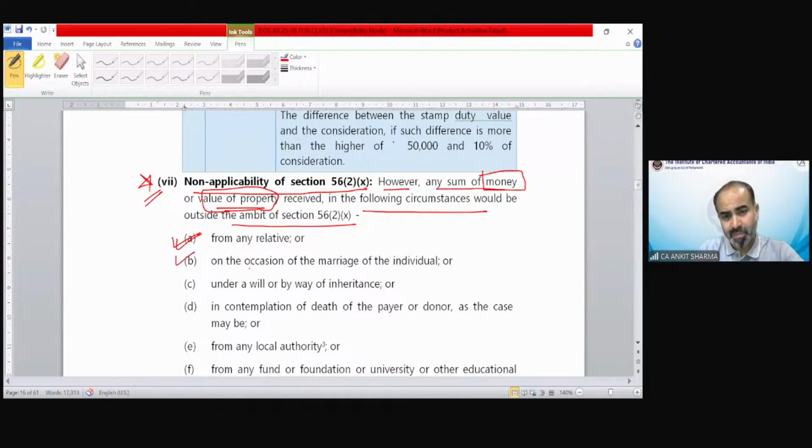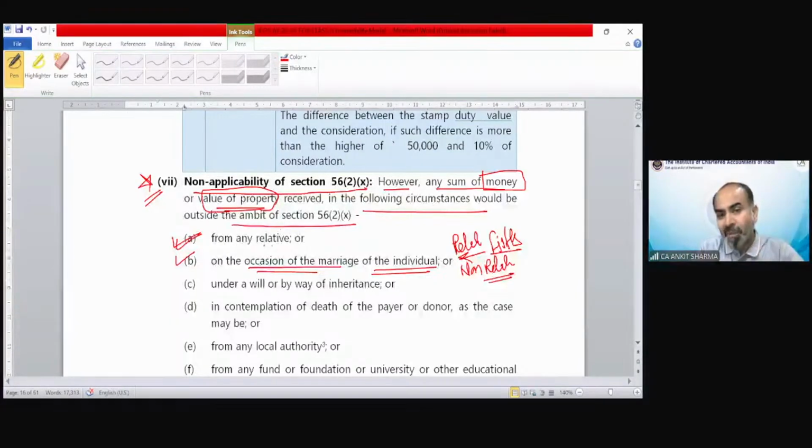Or on the occasion of the marriage of the individual. On the occasion of the marriage of the individual, if a gift is received from a relative or non-relative, both are exempted.